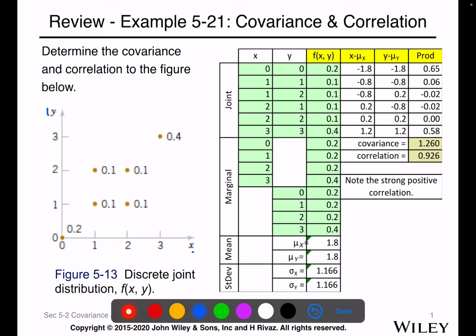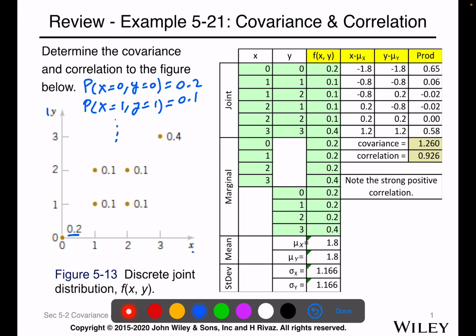And we have the probability of each co-occurrence, right? So for X equal to 0 and Y equal to 0, the probability is 0.2. So the way to write what the picture represents would be probability of X equal to 0 and Y equal to 0 is 0.2, right? Or probability of X equal to 1 and Y equal to 1 is 0.1, right?